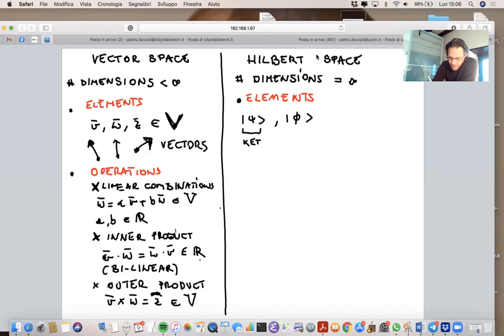So while vector space elements are represented by arrows, the elements of the Hilbert space are called states, quantum states, and are represented by this symbol, which is called a ket. So this is a ket for psi, phi, maybe, I don't know.